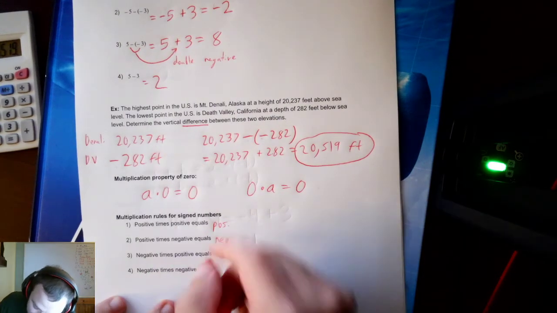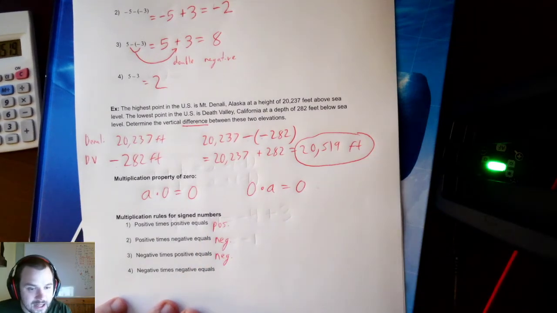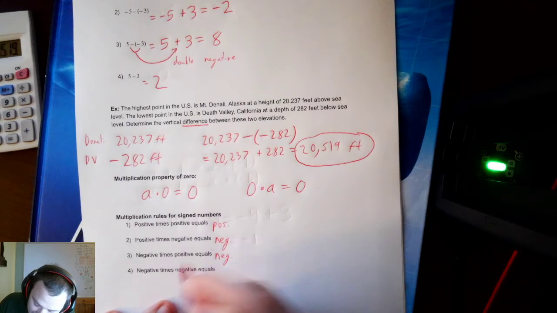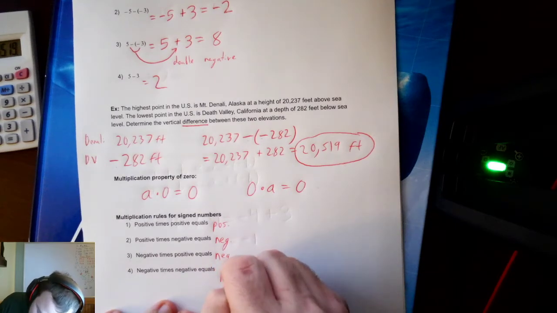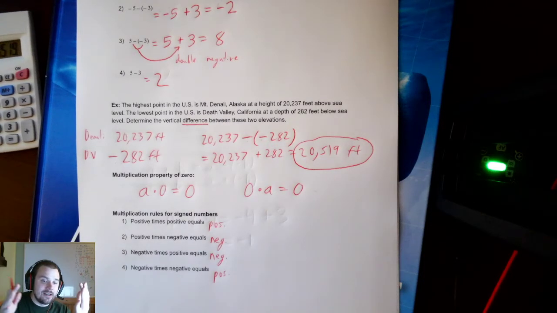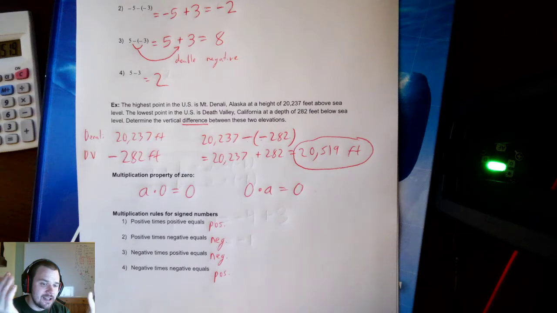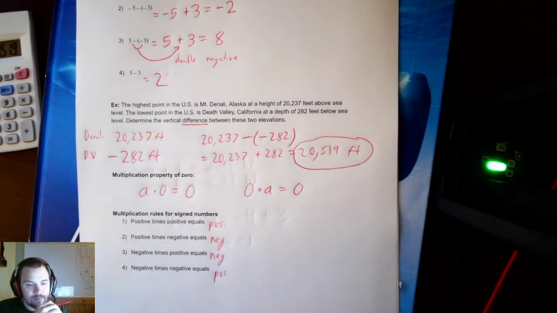Negative times positive is going to be negative as well. But negative times negative, that is positive. So if they have the same sign, they multiply to be positive. If they have opposite signs, they multiply to be negative. And that's what this showed us right here.